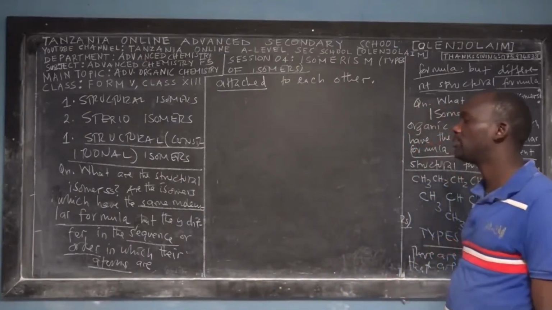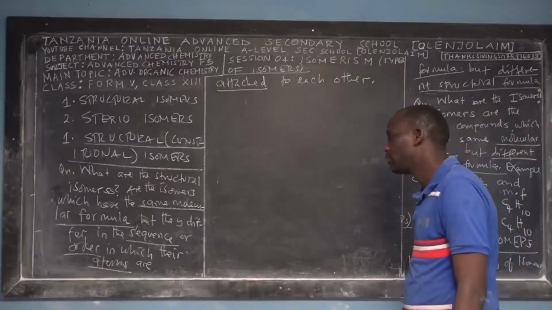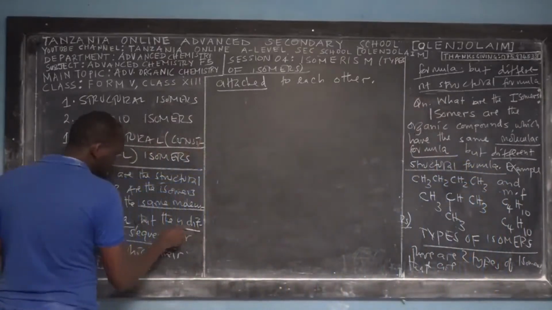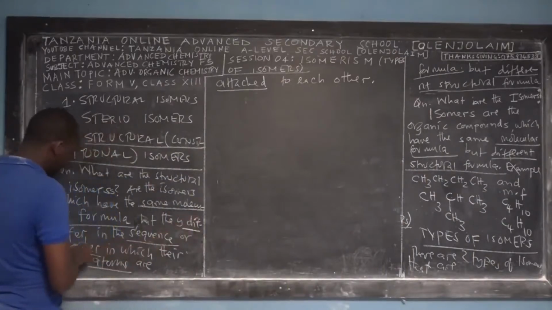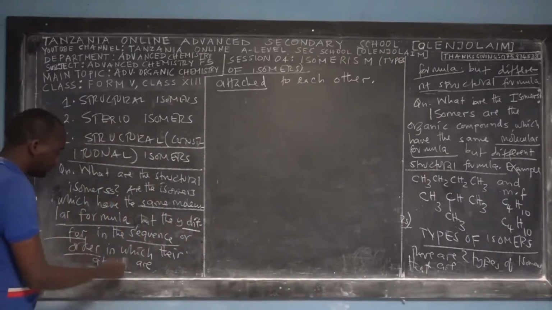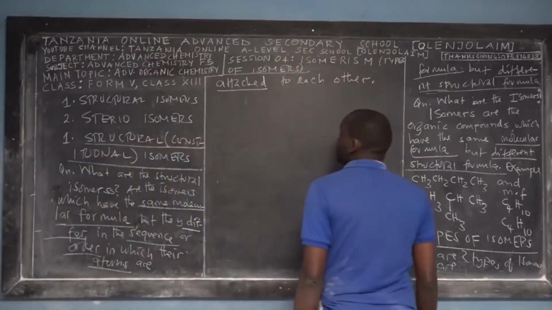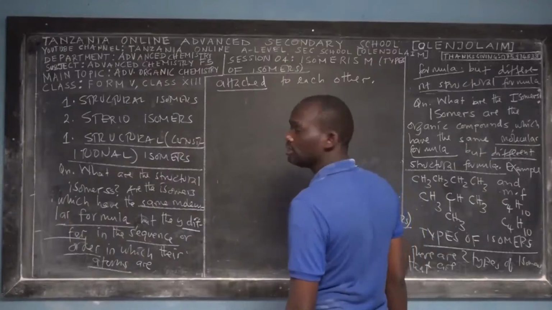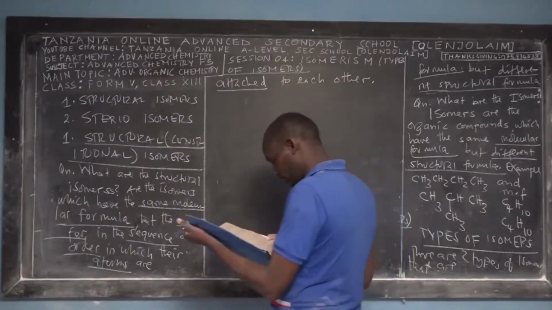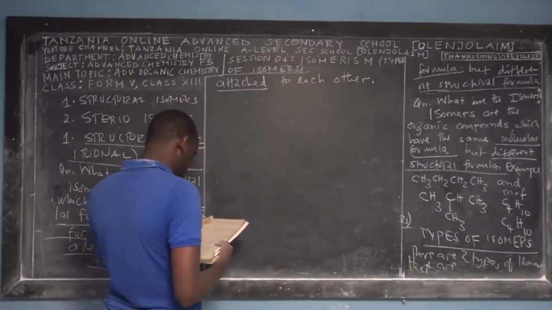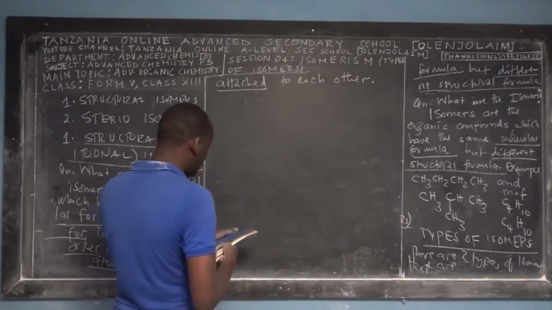These are the organic compounds which have the same molecular formula, but they differ in the sequence or order in which their atoms are attached to each other. We also have three types of structural isomers.